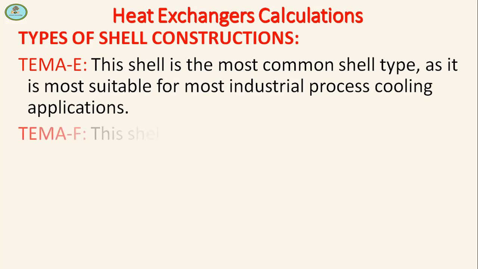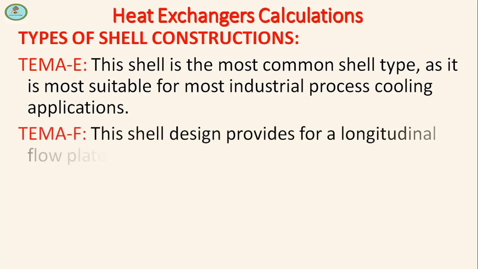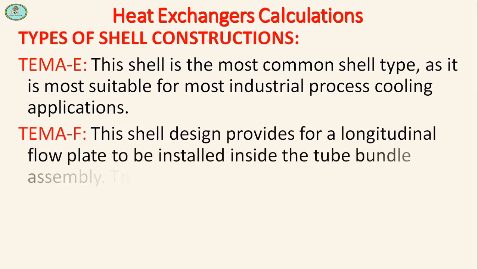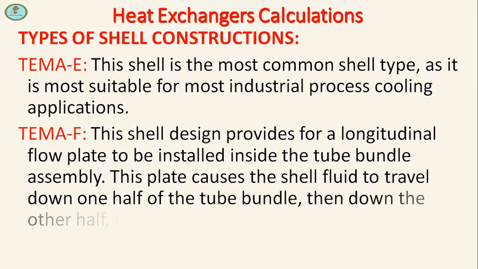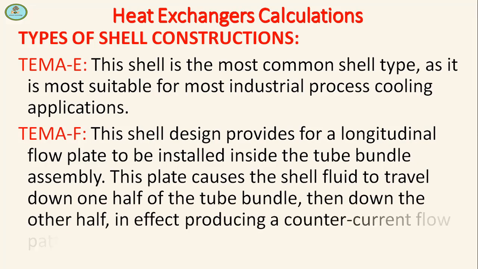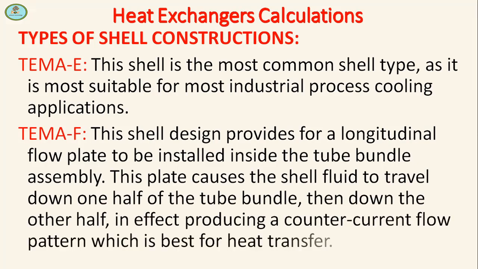TEMA F: this shell design provides for a longitudinal flow plate to be installed inside the tube bundle assembly. This plate causes the shell fluid to travel down one half of the tube bundle, then down the other half, in effect producing a counter current flow pattern which is best for heat transfer.